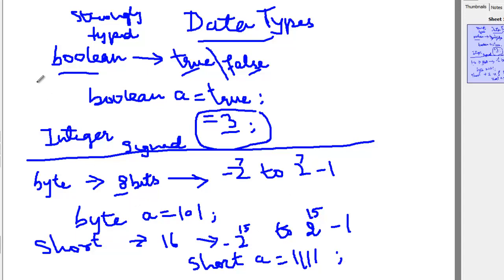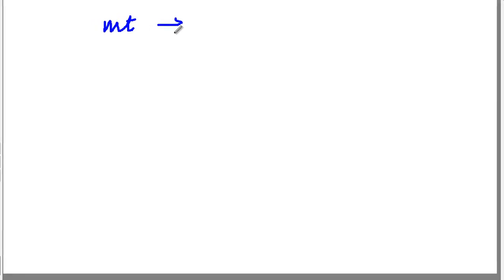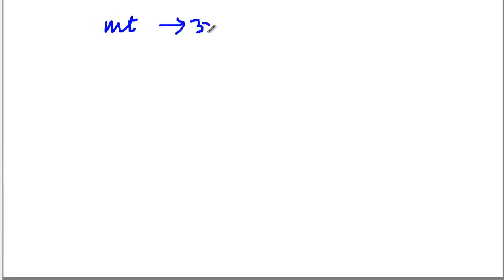Next we have the int. The int is 32-bit and the range again goes from minus 2 to the power 31 to 2 to the power 31 minus 1.